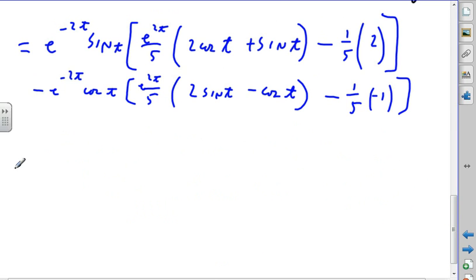So now e to the 2t and e to the minus 2t both go away.